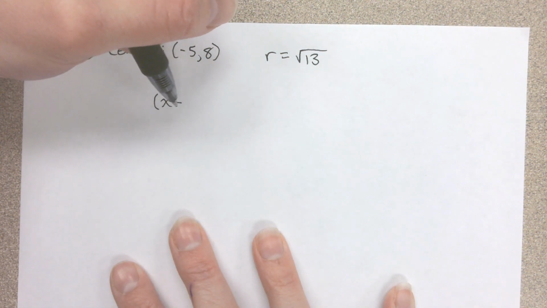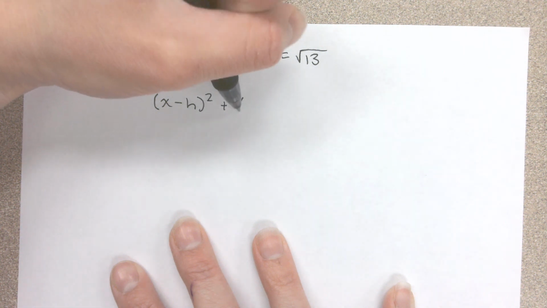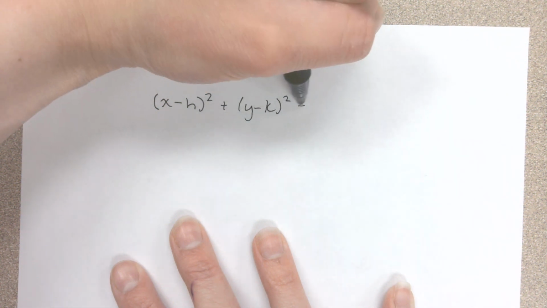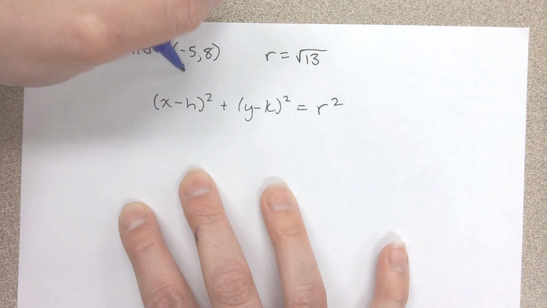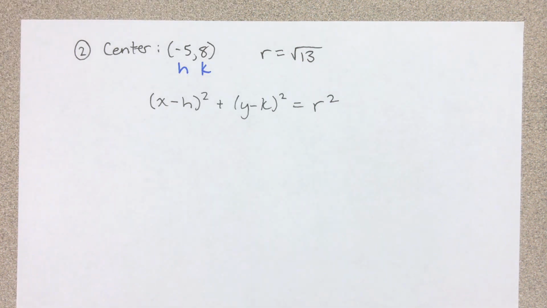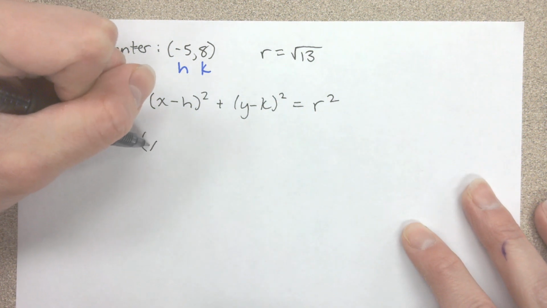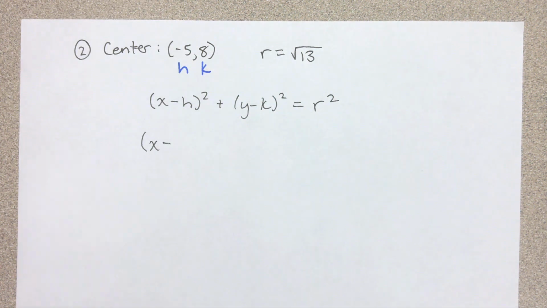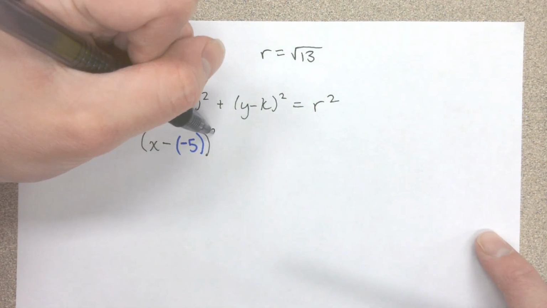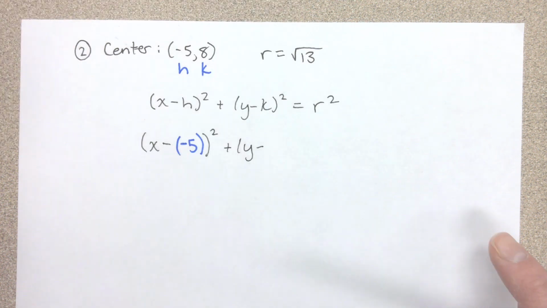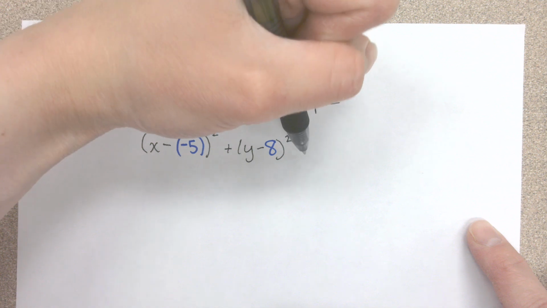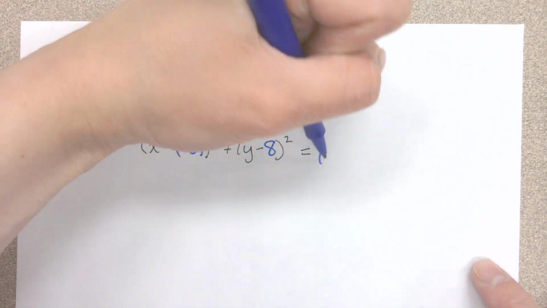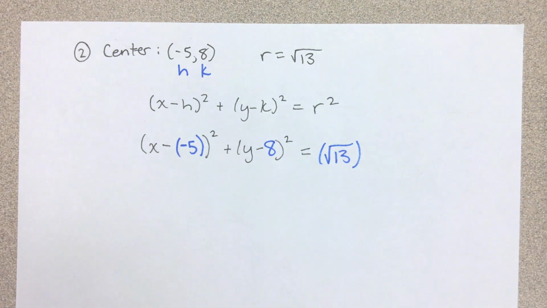Again, our equation is (x minus h) squared plus (y minus k) squared is equal to r squared. Plugging in h and k and r, we have x minus a negative 5, squared, plus (y minus 8) squared is equal to the square root of 13, squared.